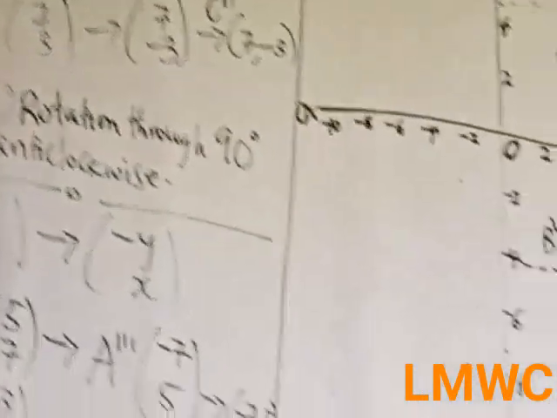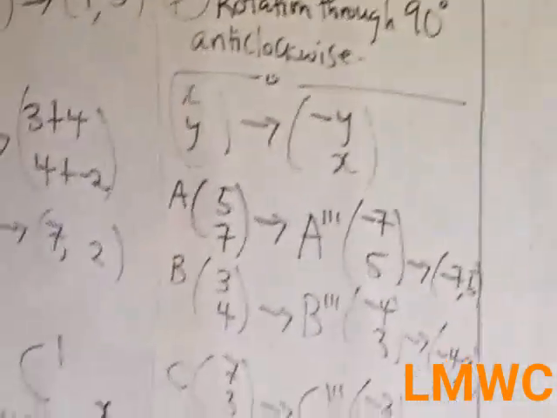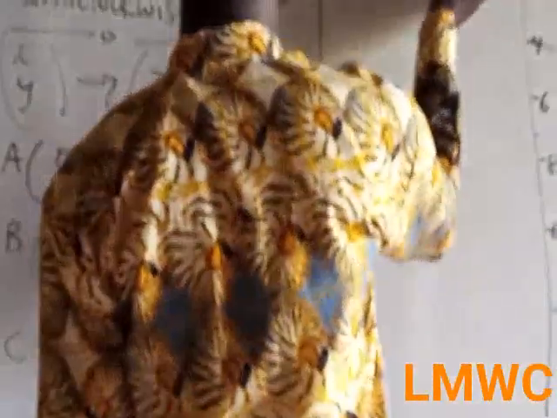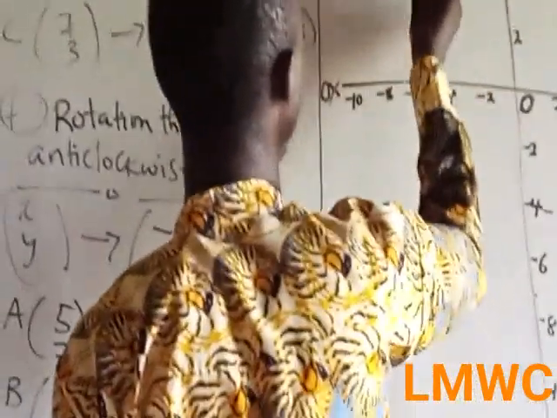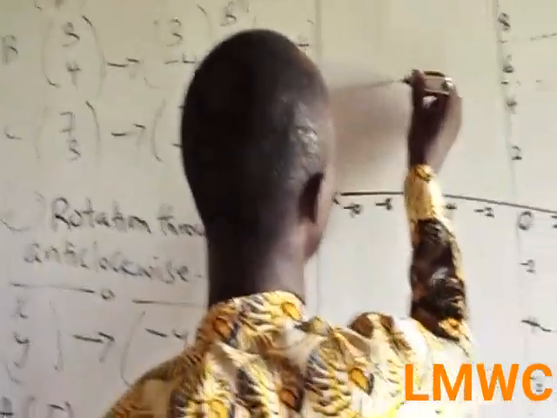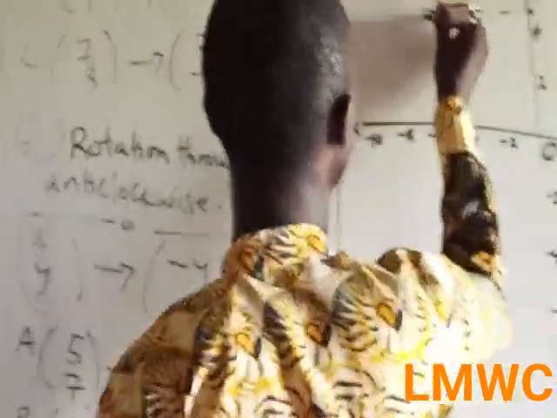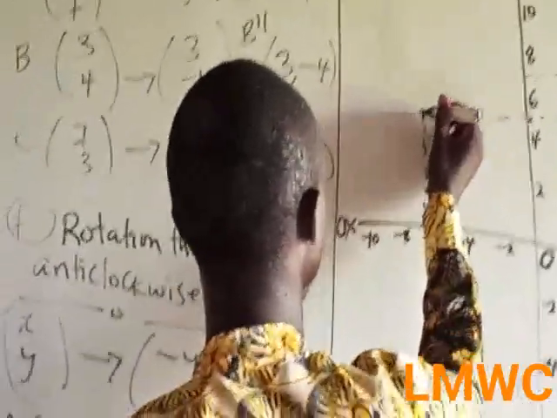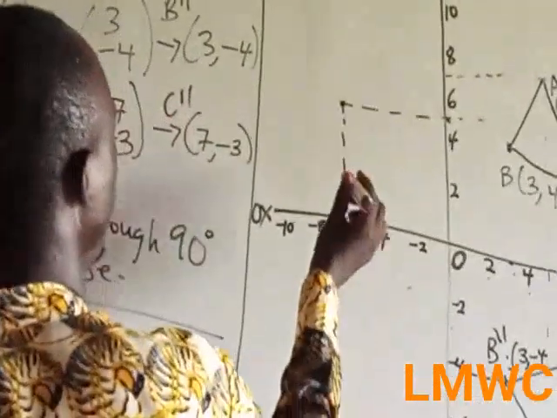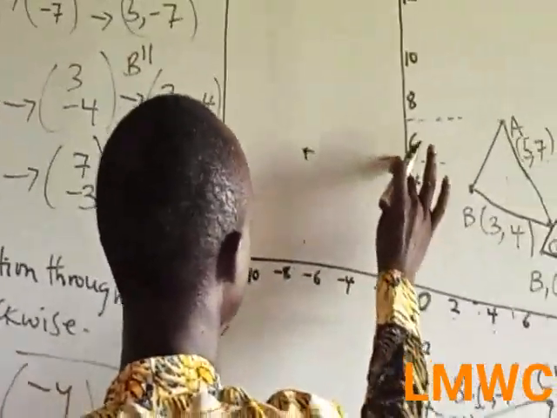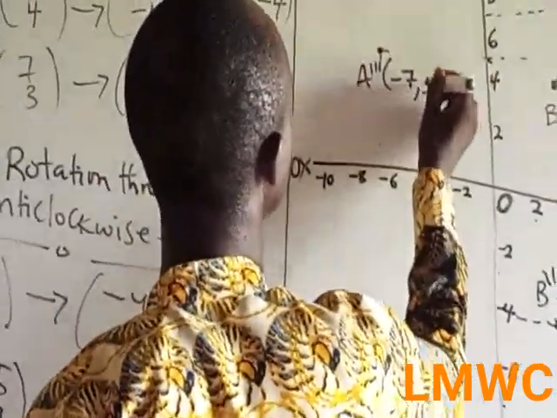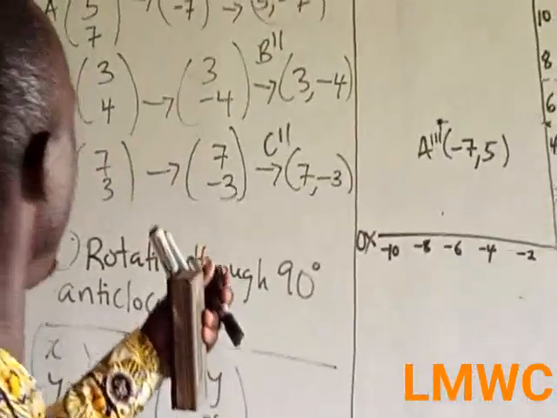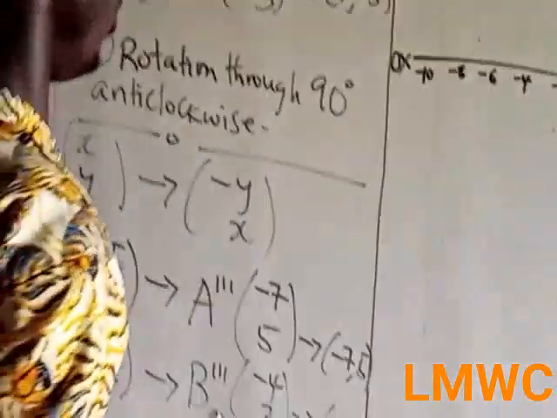Let's move on to A3, B3, and C3. Now A3 is negative 7, 5. So in between negative 6 and negative 8 is negative 7. So 5 is here. So let me draw my short dashes. So it's not difficult. So we have A3, negative 7, 5. B3, we have negative 4, 3.